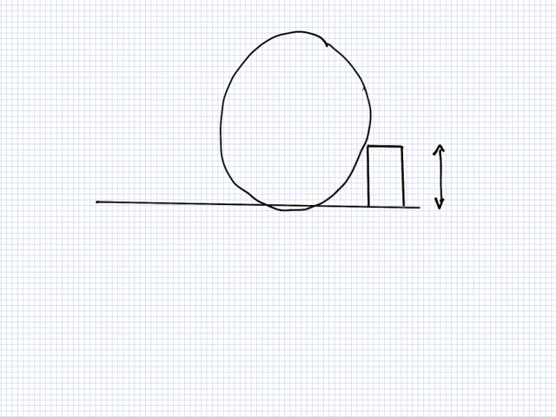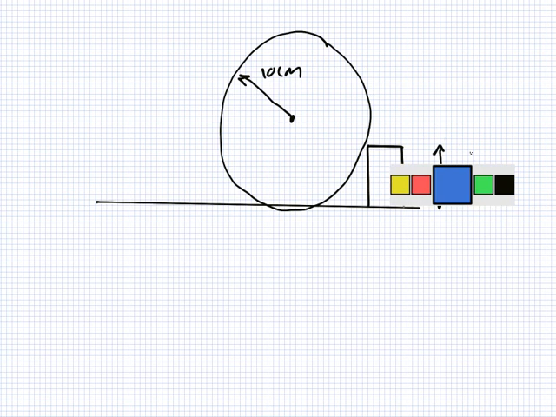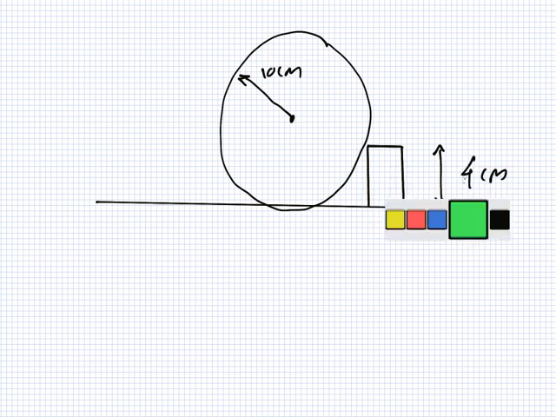And how big is this barrel? 4 centimeters? No, radius is 10. Radius is 10? Yeah. Okay, then what's the wall? It's 4. 4, okay. And it's 10 kilograms. That's 10 kilograms, okay. And 10 centimeters.